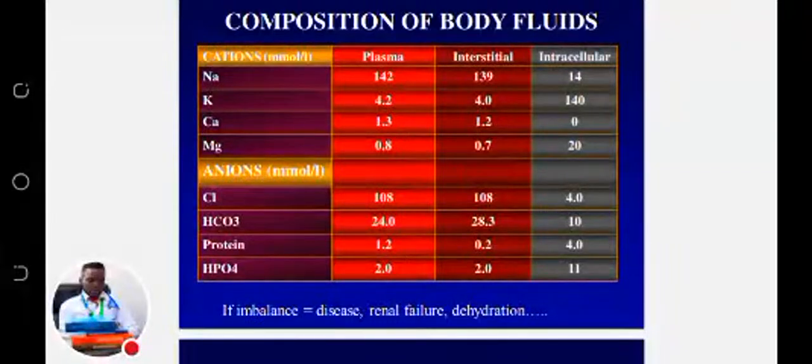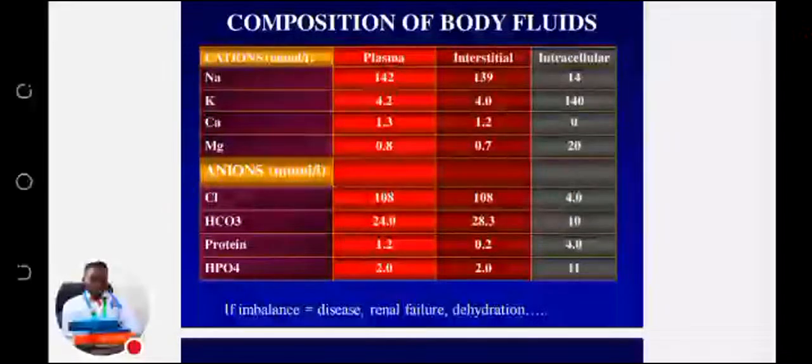Then the anions, millimole per liter. For chloride, we have 108 in the plasma, and in the interstitial, about 108 millimole per liter, and in the intracellular, we have 4.0 millimole per liter. Then for bicarbonate, we have 24.0 millimole per liter in the plasma and 28.3 millimole per liter in the interstitial.